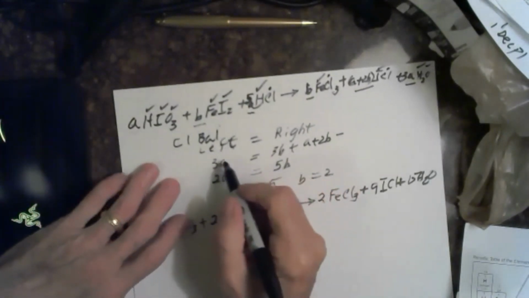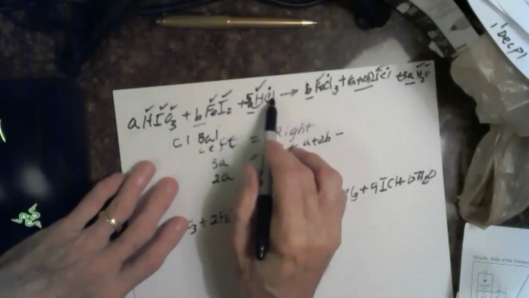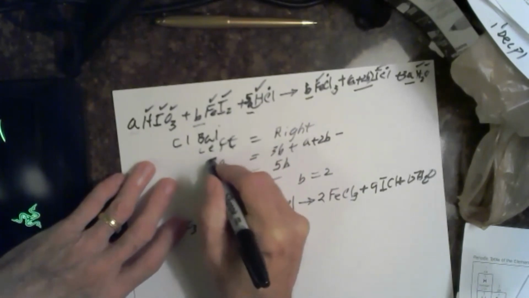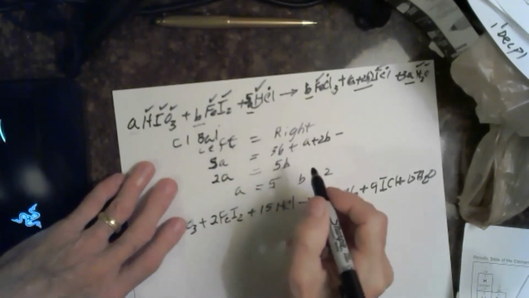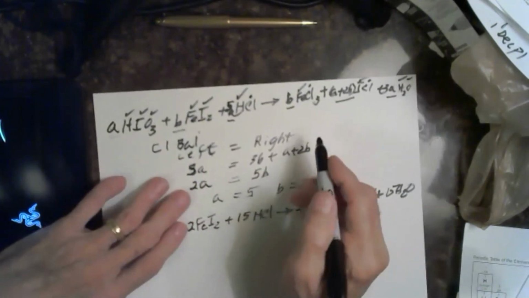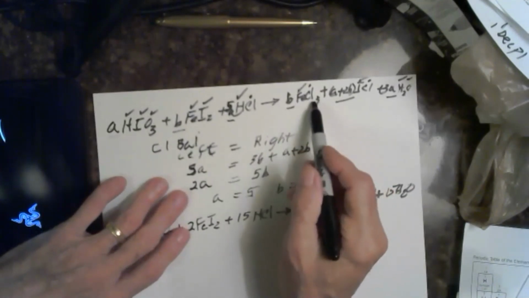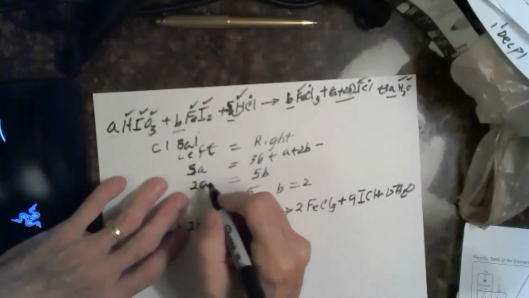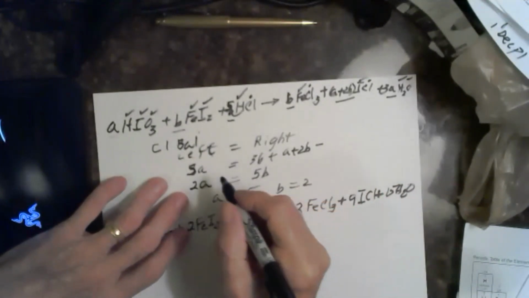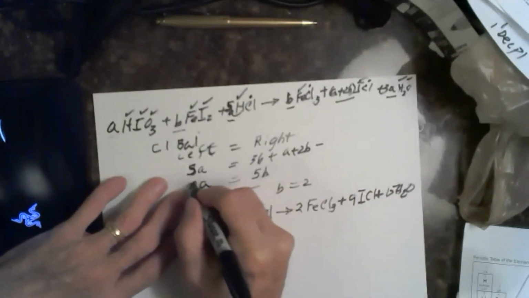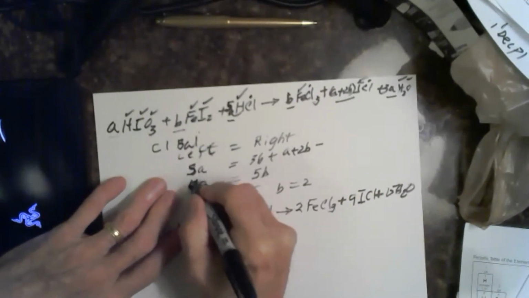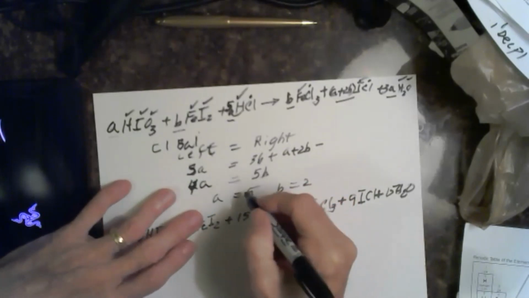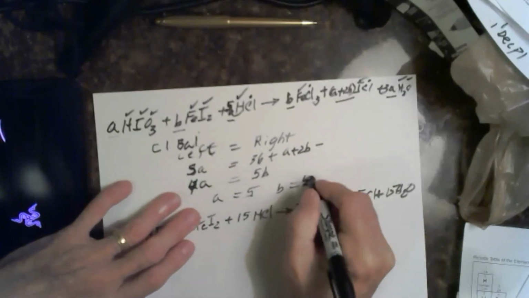For chlorine balance, that would be a 5A right there. And I'm guessing everything else is okay. 3B and A plus 2B. Yes. And then that would be a 4 then, wouldn't it? Subtracting 1A from 5 gives 4. And so that means A is 5, but B is 4 now.